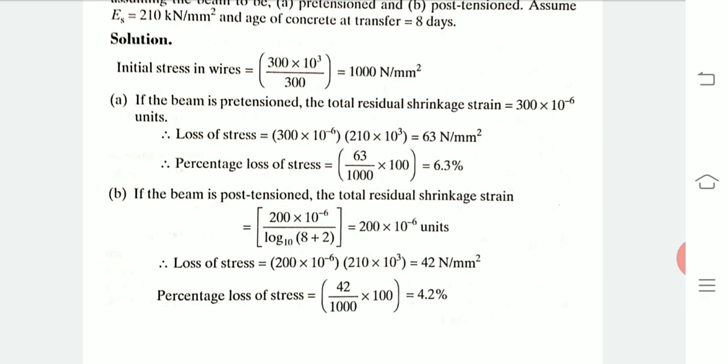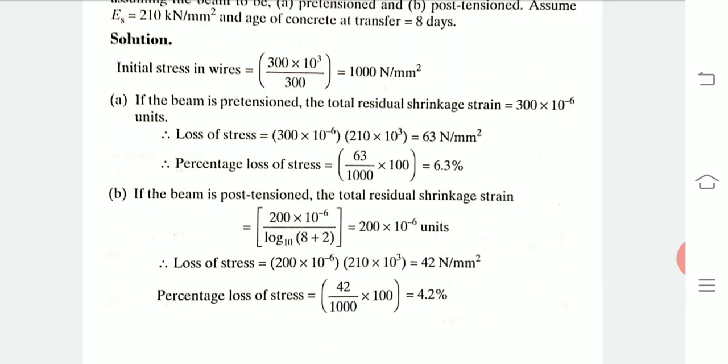So we get an answer of 200 into 10 raised to minus 6. Therefore, the loss is this multiplied again by the modulus of elasticity of steel, that is 200 into 10 raised to minus 6 multiplied by 210 into 10 raised to 3, which comes out to be 42 Newton per mm square.